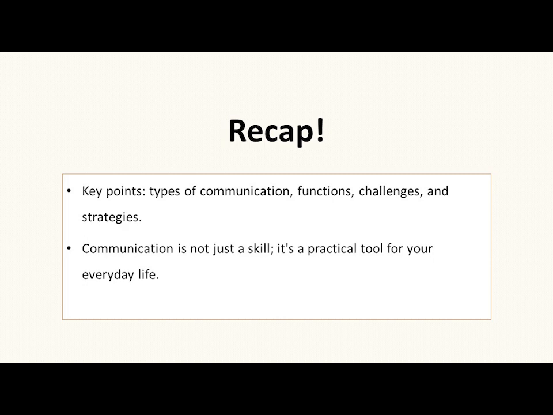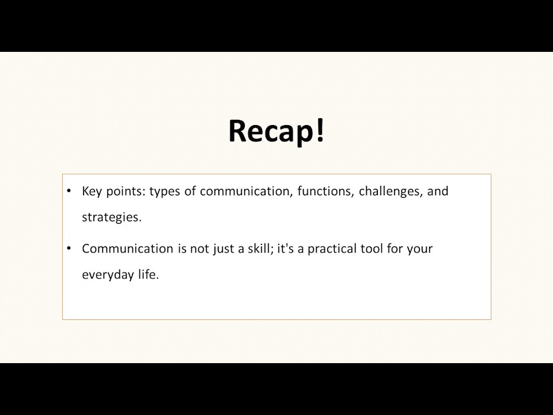Recap. So what we have covered so far, if I try to recap, we've covered the definition of communication and types of communication, understanding its components and the functions it serves in practical life. We have explored the importance of communication skills in career development, personal relationships, and problem solving.